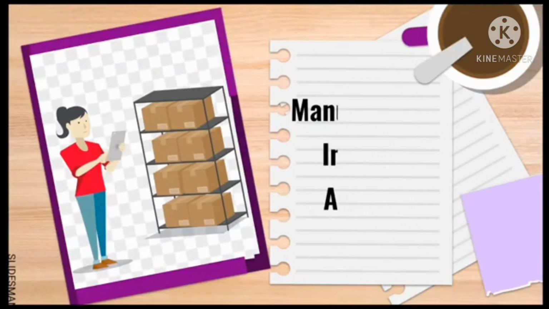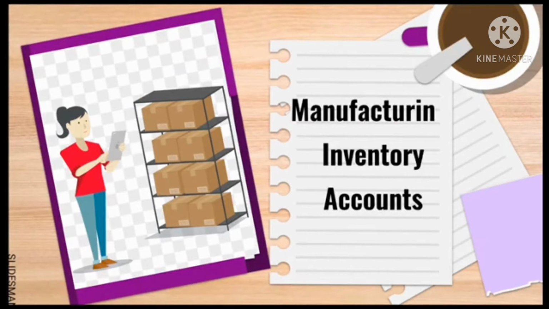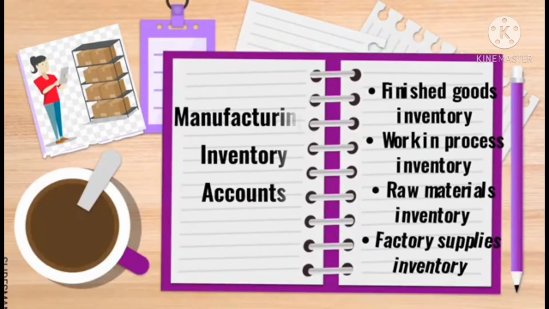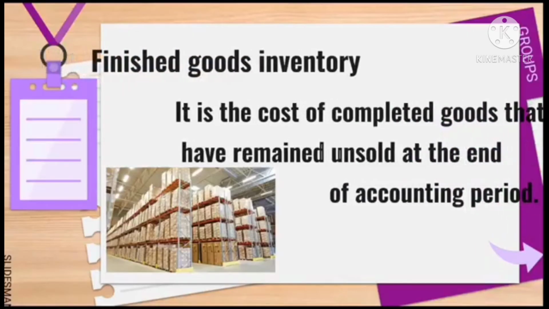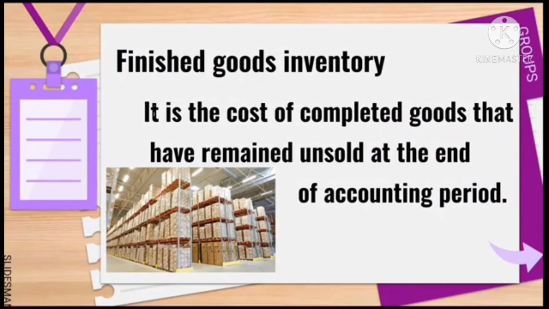Let us now proceed to manufacturing inventory accounts. We have finished goods inventory, work in process inventory, raw materials inventory, and factory supplies inventory. Finished goods inventory. It refers to the number of manufactured products in stock that are available for customers to purchase.